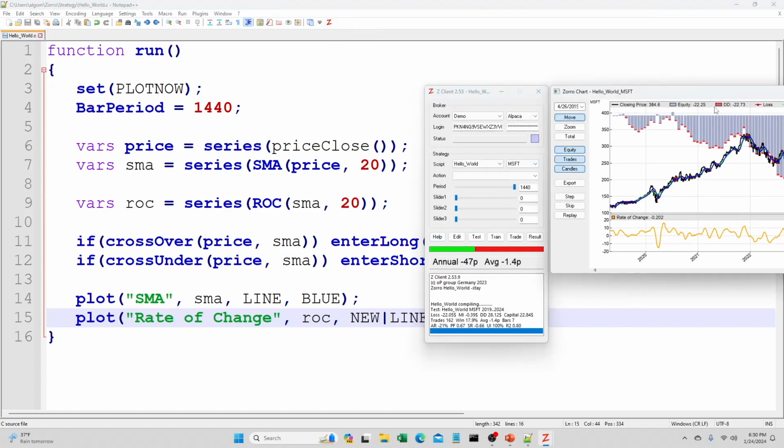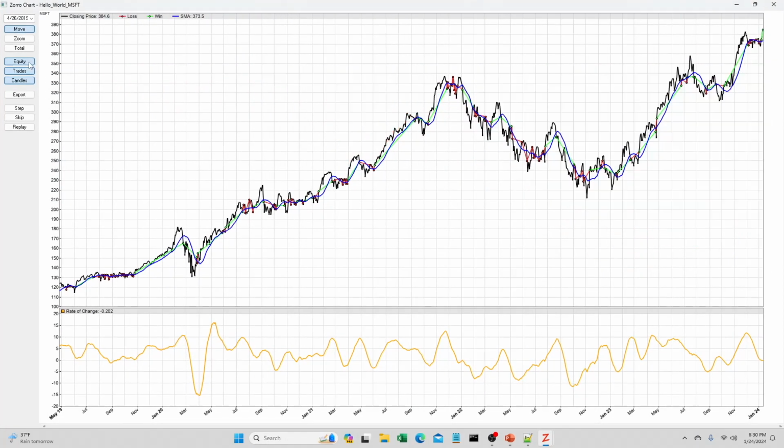Again, nothing will change in terms of the trading logic and the trades, but I wanted to show you how this smoothed rate of change looks here. Well, it's not a smoothed rate of change in the sense of taking the moving average of the rate of change. It's the other way around. We're taking the first derivative of the simple moving average instead of the price curve.